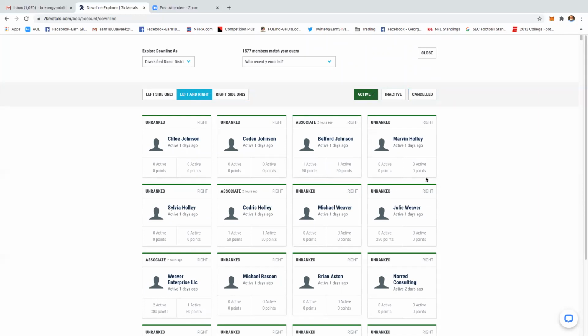As you know, if you look at the policies and procedures, if they have sponsored anybody on their left or right, then they have to wait a full 12 months before they can enter the business again without having any association or any activity with the business. If they came in and they never sponsored anyone on their left or right, then they can come in within 6 months of the date of their cancellation.